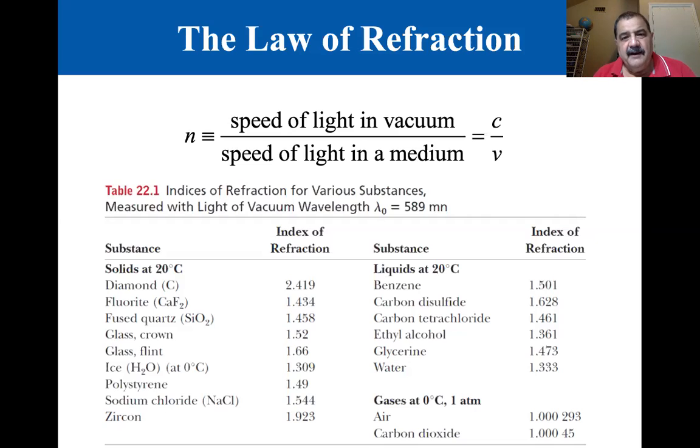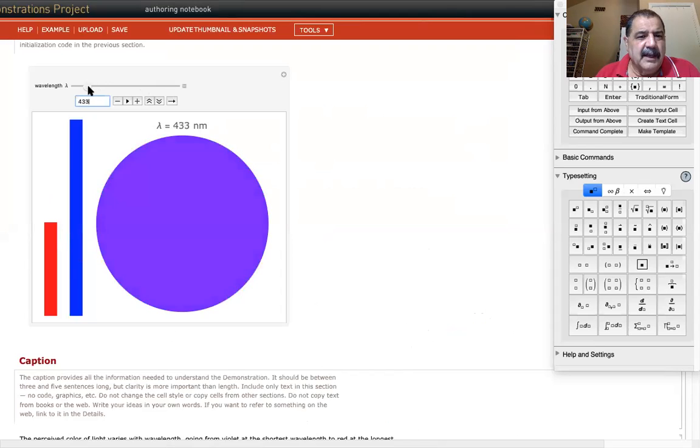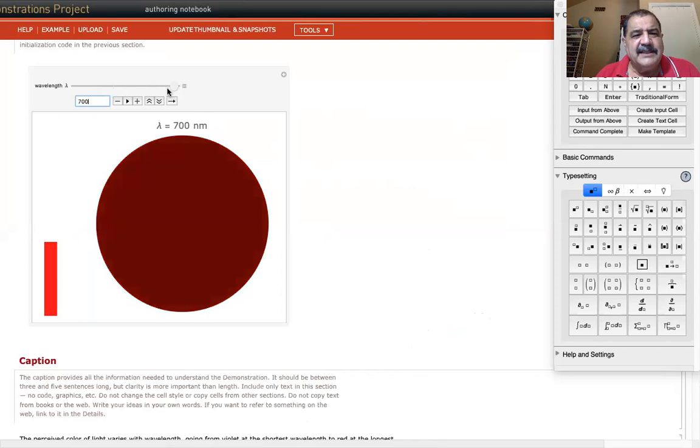What is 589 nanometers? I can show you. Where's my Mathematica? Oh, there it is. That's 589 nanometers. I have a little device here that you can play with the wavelength. 400 nanometers is very, very dark purple, all the way to 700 nanometers, which is a real deep, almost dried blood red.